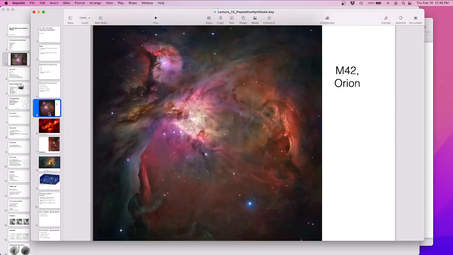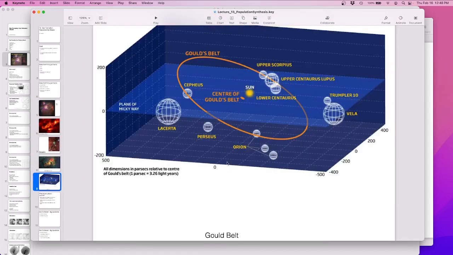All of these guys, W33 and Serpens and Taurus and the Orion Nebular Cloud, are all in this belt called the Gould Belt that is centered on basically the sun and has basically nothing in it. So we live in this weird part of the galaxy where if you go about 1,000 light years in any direction, you don't really run into anything.